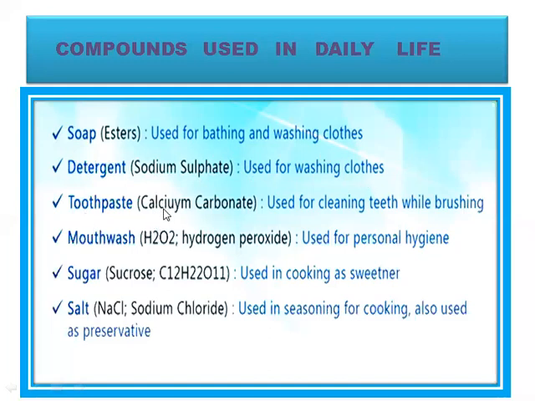Toothpaste, calcium carbonate, used for cleaning teeth while brushing. Mouthwash, hydrogen peroxide, used for personal hygiene. Sugar, sucrose, used in cooking as a sweetener. Salt, sodium chloride, used in seasoning for cooking, also used as a preservative.